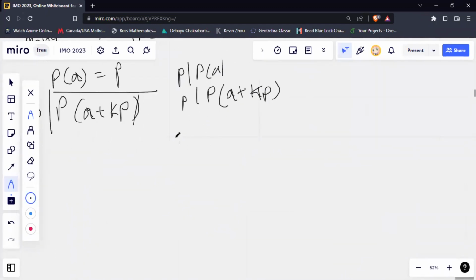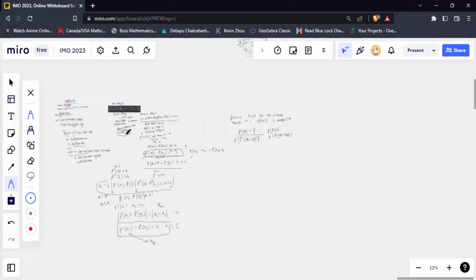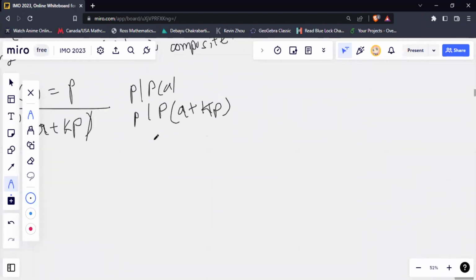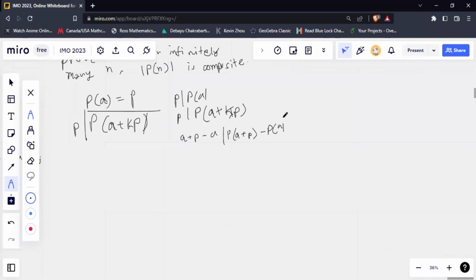If you are wondering why this is true, it is because of our goated lemma, but I will still just prove it, because why not? We know that P of A is divisible by p, so p divides P of A plus p, and you can inductively move forward to k.